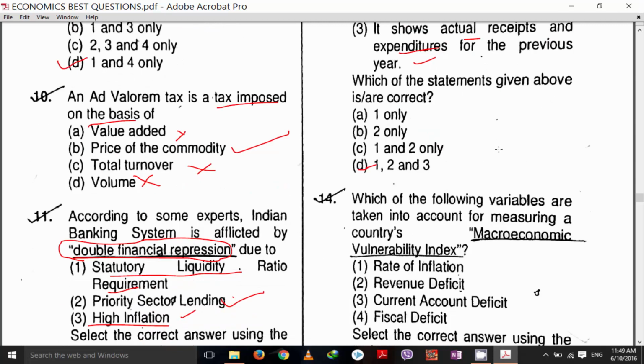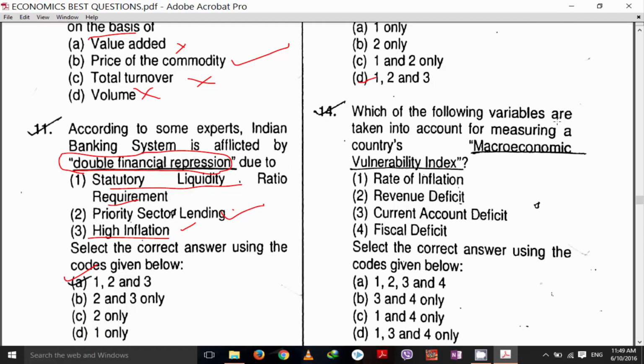The next question, 14th: which of the following variables are taken into account for measuring a country's macroeconomic vulnerability index? What all comes in the macroeconomic vulnerability index?